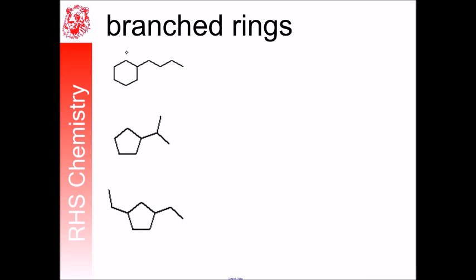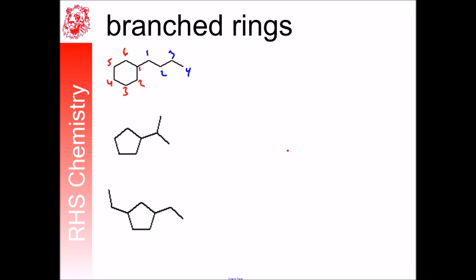It's possible to have rings with branches off them, and so if we were to name them, we would name the ring as the parent chain and then the branches off of them. So in this case, we would have for the ring 1, 2, 3, 4, 5, 6, and that way the branch has the smallest possible number, and we have 1, 2, 3, 4.